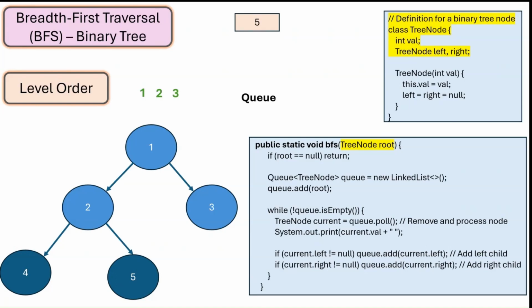So we go to the next node, which is 4. We don't have any children for node 4. So we come back to the beginning of the while loop and dequeue node 5, print it and check for any children. We don't have any children. So the queue is now empty and we come out of the loop. This is how level order traversal is implemented using a queue as an iterative approach.